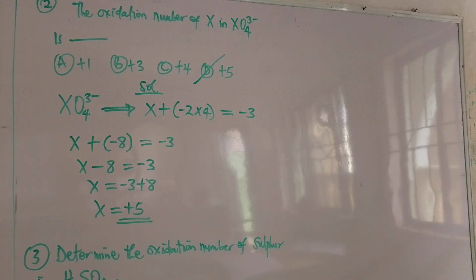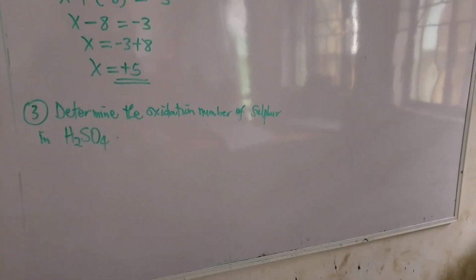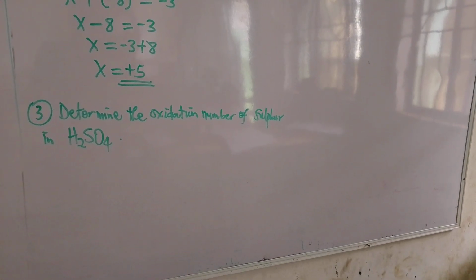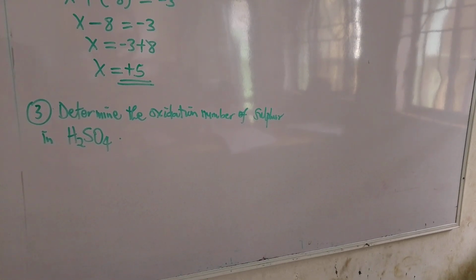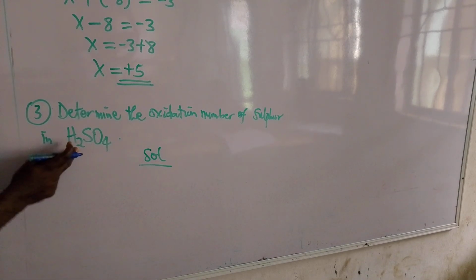Now see the last one. The last one is: you are asked to determine the oxidation number of sulfur. So this one, see the way I'm going to interpret it as well.